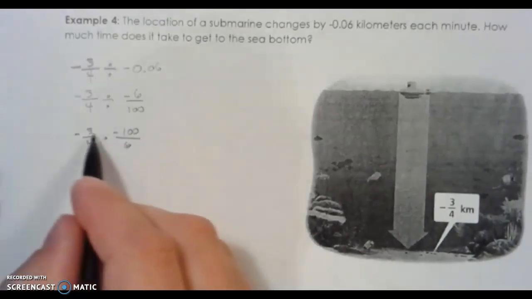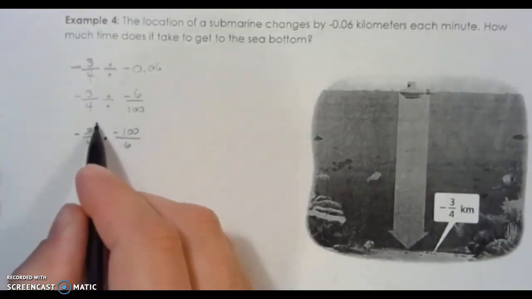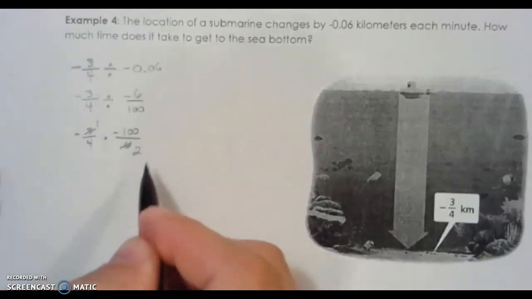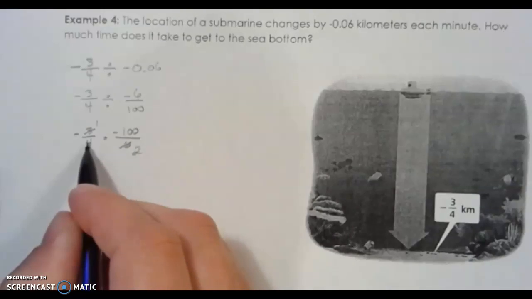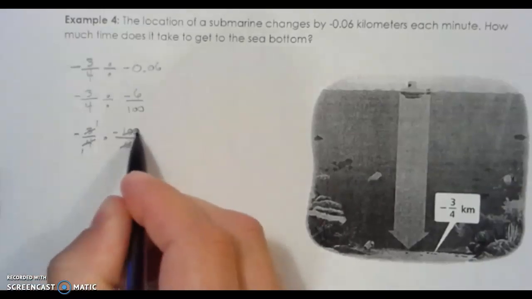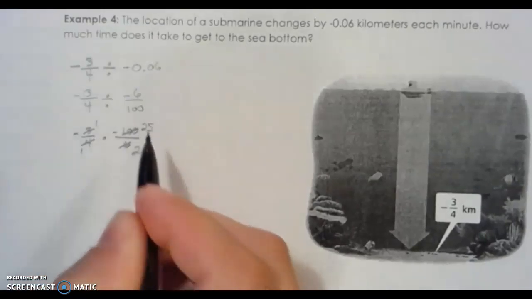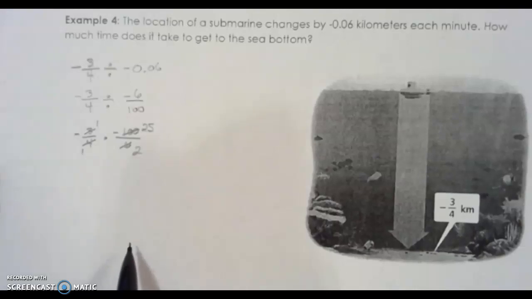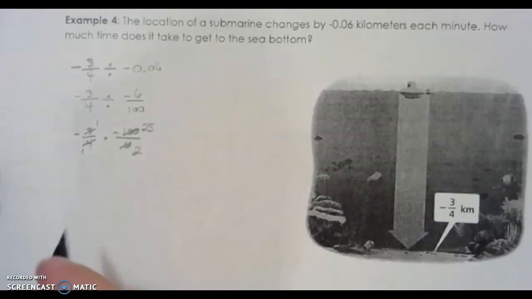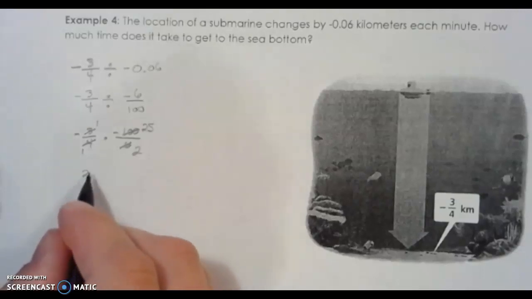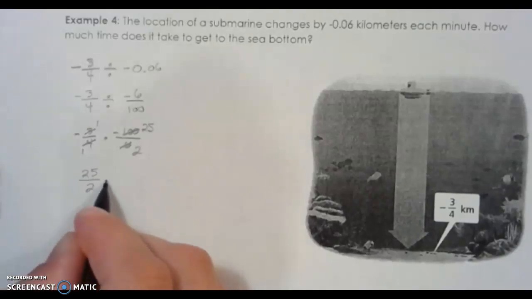The 3 and the 6 have a common factor of 3. 3 goes into 3 once, into 6 twice. 4 and 100 have a common factor of 4. 4 goes into 4 once and into 100 25 times. And now I'm ready to multiply. A negative times a negative, my answer is going to be positive, and it's going to be 25/2.